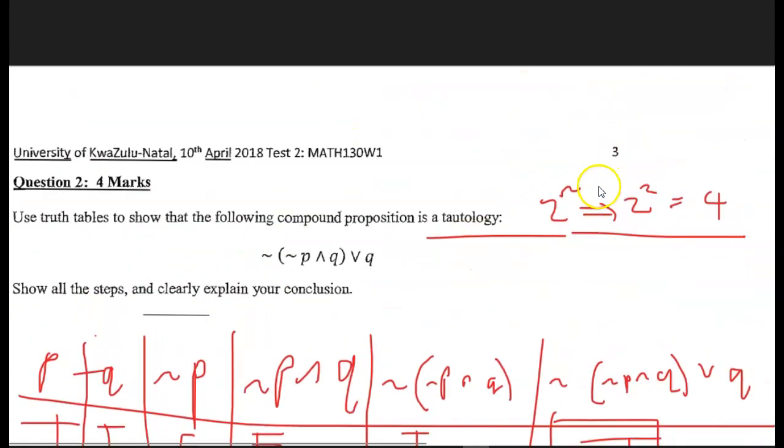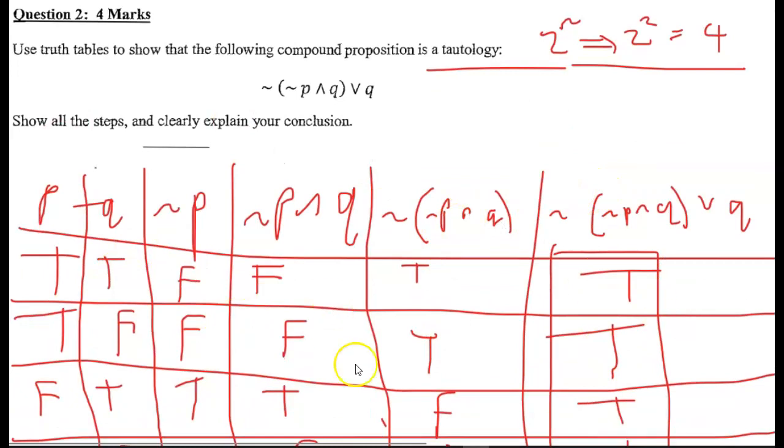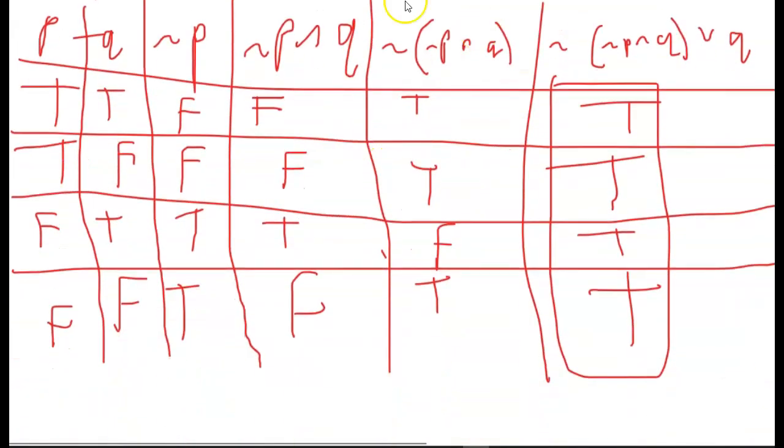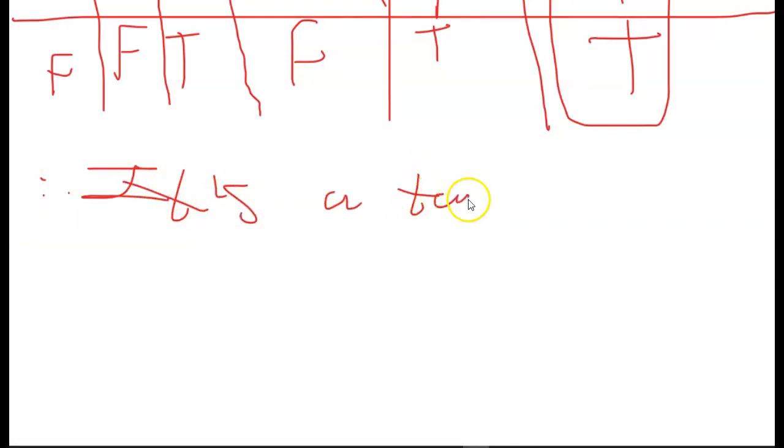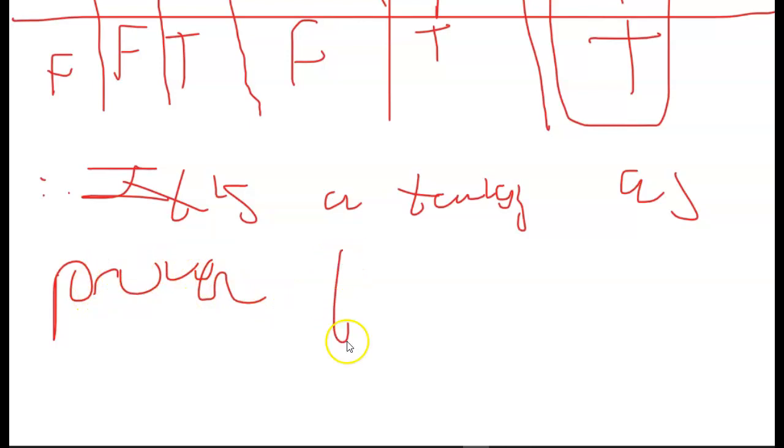Now it's 4 marks, so basically you get probably 3 marks here, and then you clearly explain your conclusion. Technically we did do our conclusion and we showed all are true, but we have to say it. Therefore it's a tautology as proven. A lot of people can put different answers and they get it right.